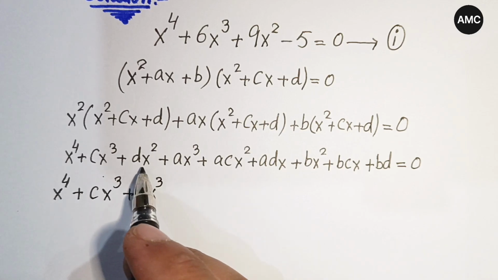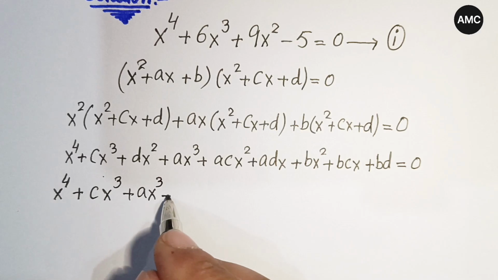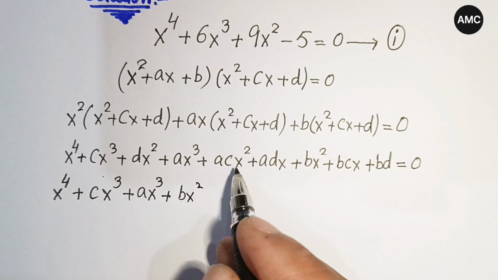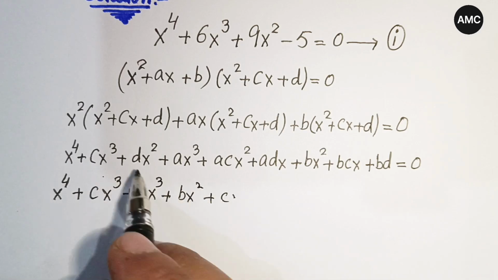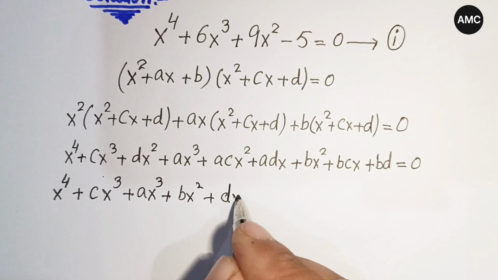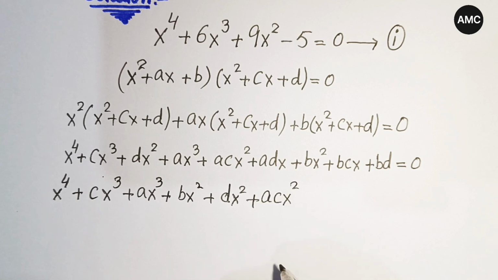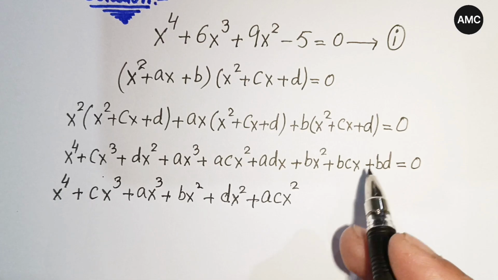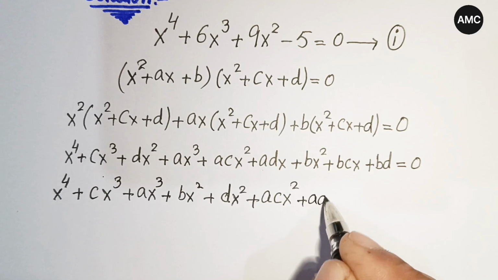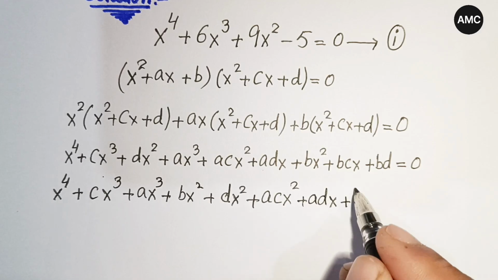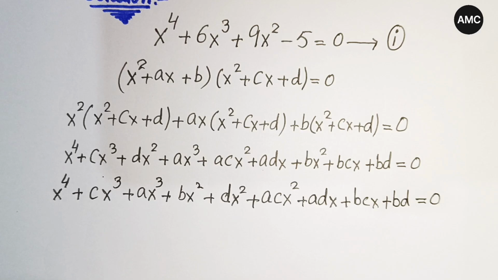Similarly, here we have dx squared, it is ac times x squared and plus bx squared. Now combining the expressions having x, we have plus a times d times x and plus b times c times x plus b times d is equal to 0.